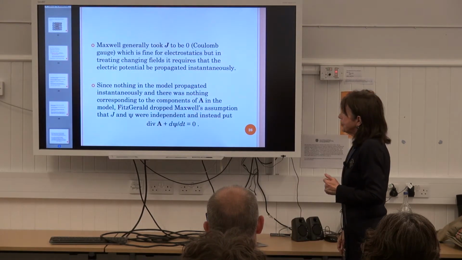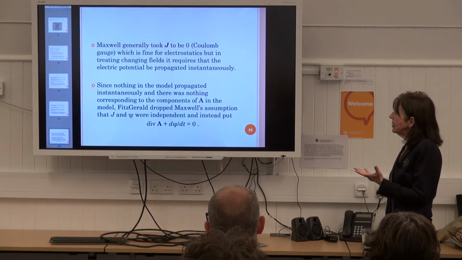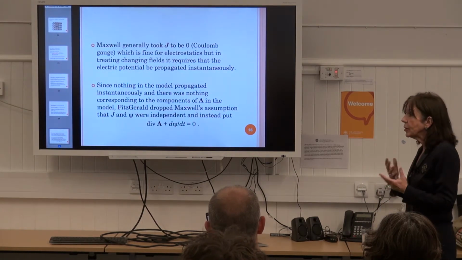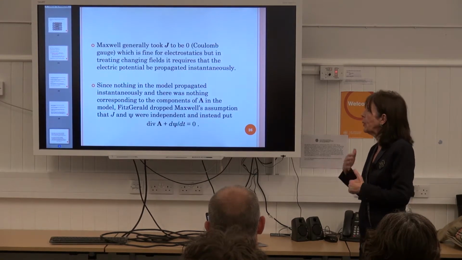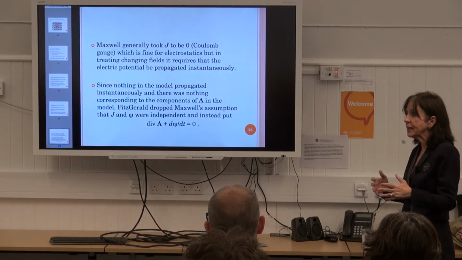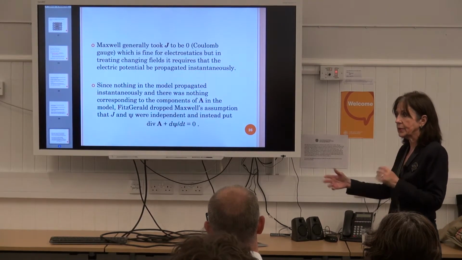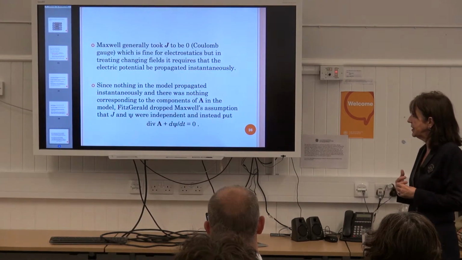So the problem is Maxwell took J to be 0, and that's okay for electrostatics, but once you get changing fields, then J becomes non-zero and the electric potential gets propagated instantaneously.